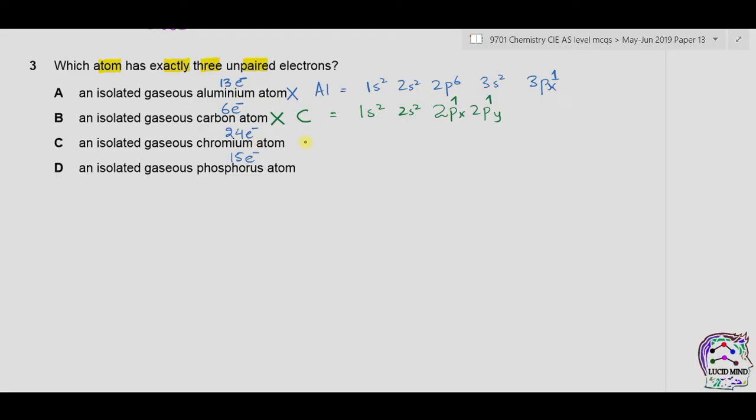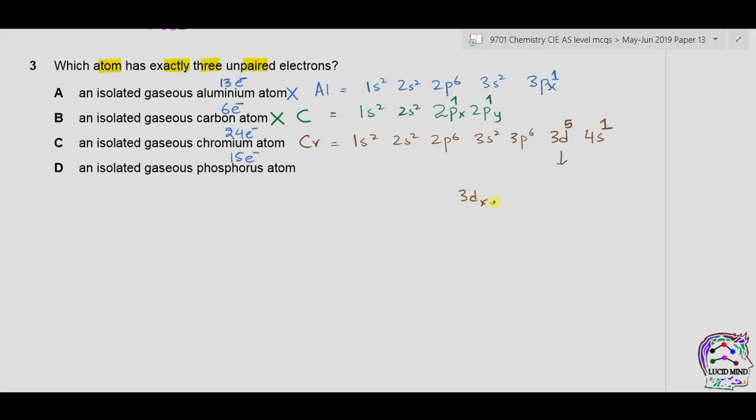Now for chromium atom, we can do the electronic configuration 1s2, 2s2, 2p6, 3s2, 3p6, 3d and 4s. Now as we know that 3d is more stable when it has half filled electrons, which is equal to 5. So it must be 3d5 and 4s1. Now 3d subshell consists of 5 different orbitals.